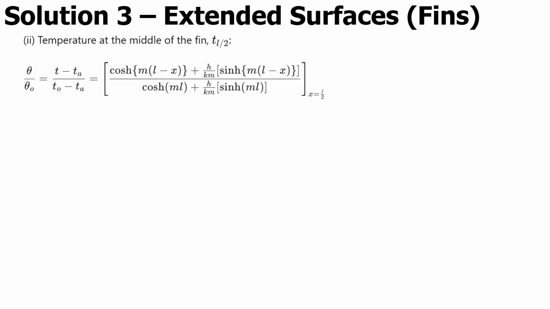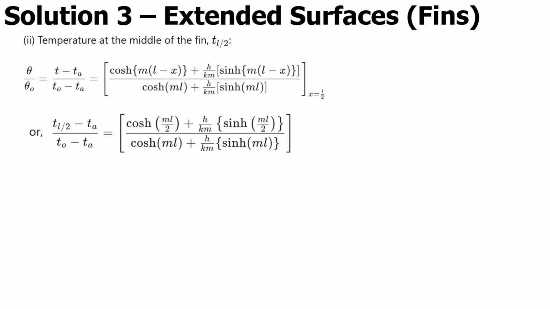Now for part 2, we need to find the temperature at the middle of the fin, which we are calling TL over 2. Now we use the same temperature distribution formula, but this time x is equal to L over 2. And this equation can simplify as shown on the screen.